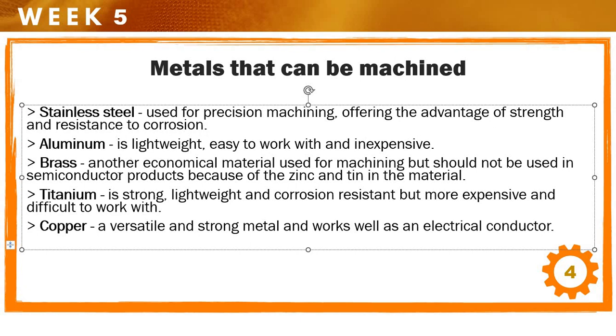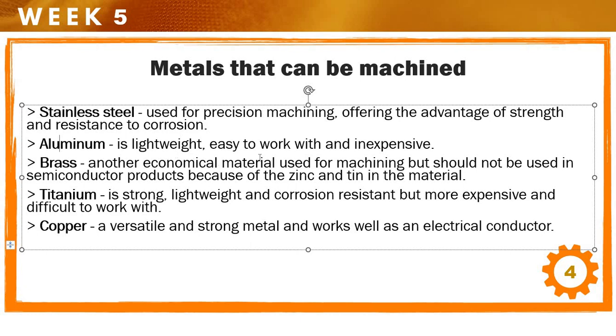We all know that stainless steel is a very popular material used for products that are exposed to moisture, so that it can resist the effect of that moisture, which is corrosion. Examples of those products are automobile parts.